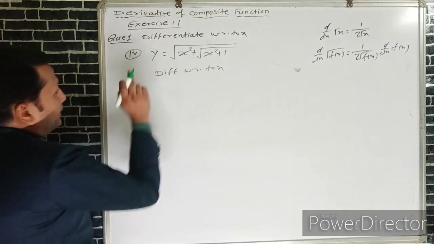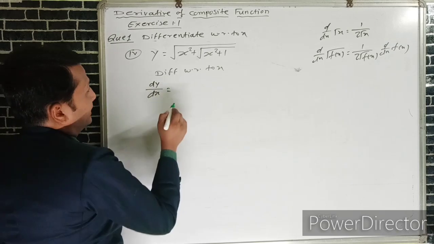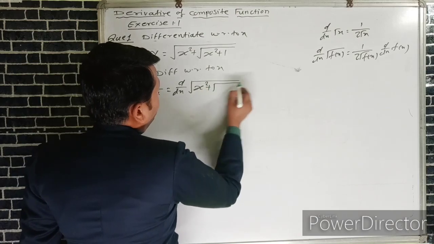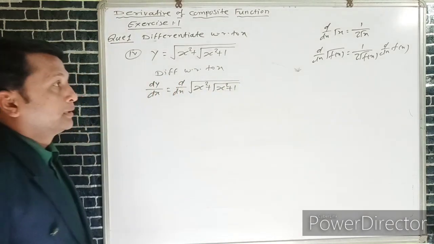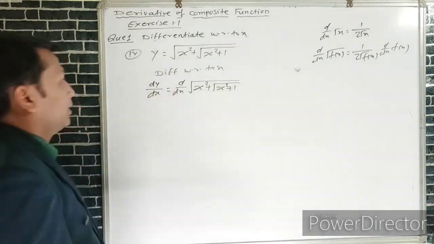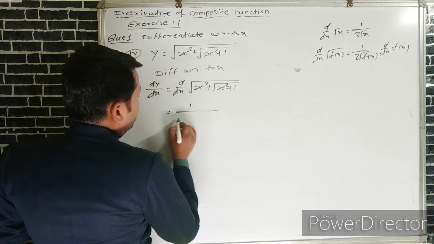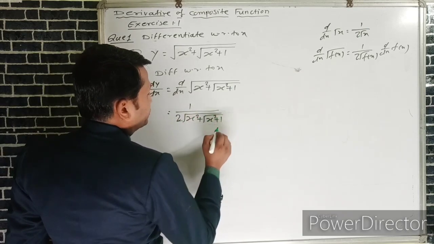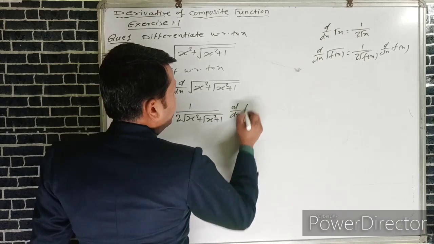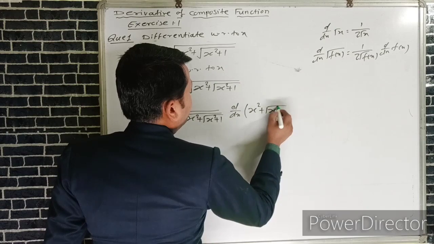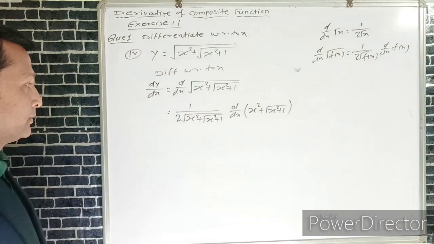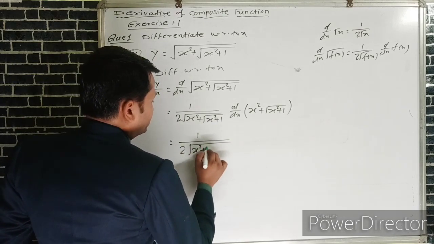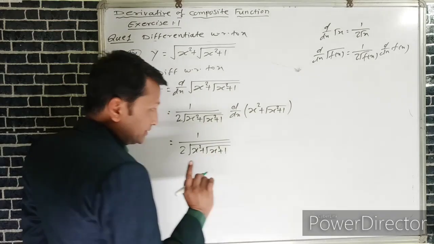After differentiating, we can write the derivative of y, dy by dx, as d upon dx of under root of x square plus under root of x square plus 1. By using this rule, under root of fx, we can write this derivative as 1 upon 2 under root of x square plus under root of x square plus 1, and we take again the derivative of x square plus under root of x square plus 1. 1 upon 2 under root of x square plus under root of x square plus 1 stays as it is.